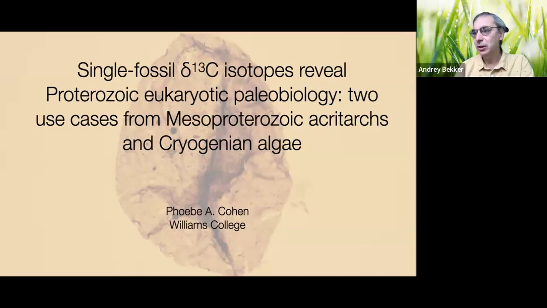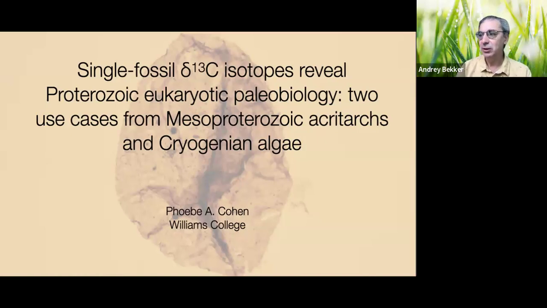Phoebe graduated from Cornell University with a bachelor's degree in Earth systems. She spent a couple of years as an assistant to the director at the Paleontological Research Institute, and after that she did a PhD at Harvard with Andy Knoll.